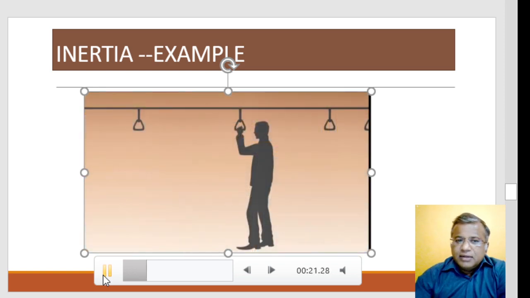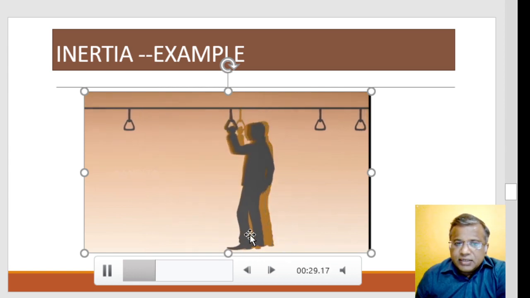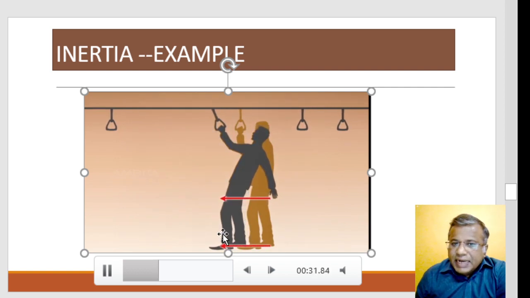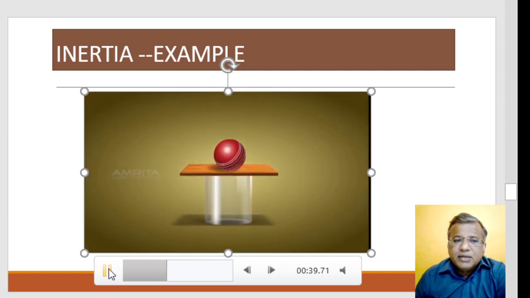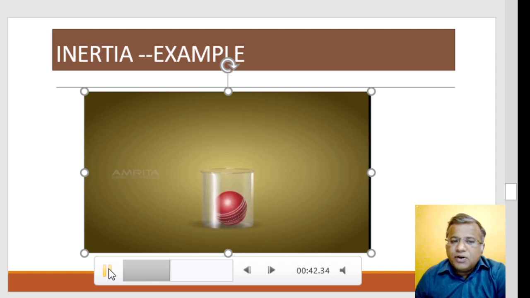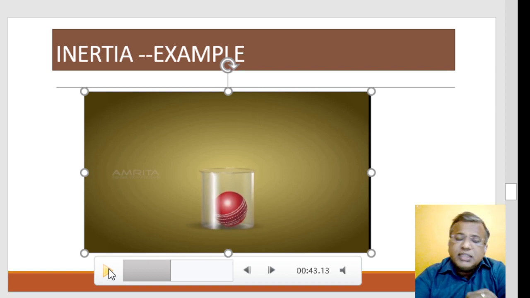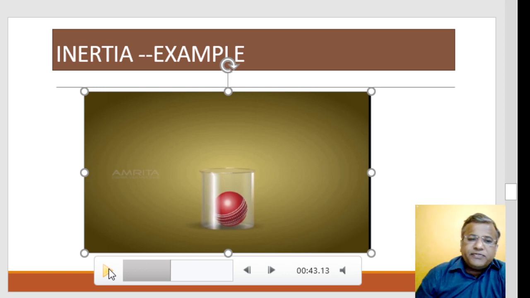If you see the diagram over here, the lower part is in contact, so the lower part actually is moving, the upper part remains there only, so it looks as if the person is going in which direction? Backward direction. So this is another example where you have the object which is at rest. This can again be explained in terms of which one? Inertia. So inertia is a state where the object continues to be in a state of rest or in a state of motion.